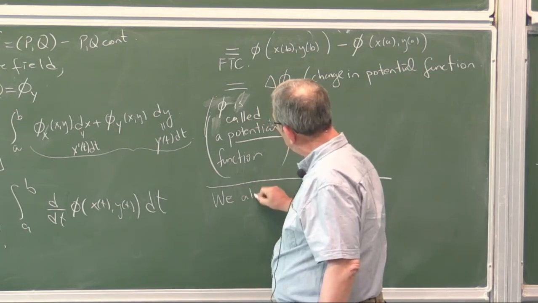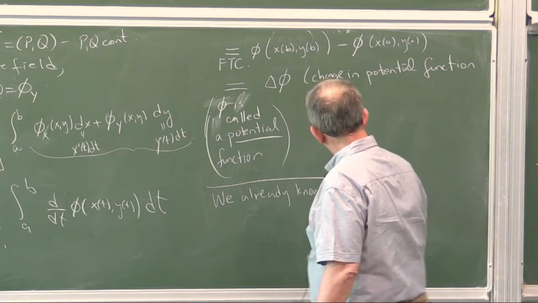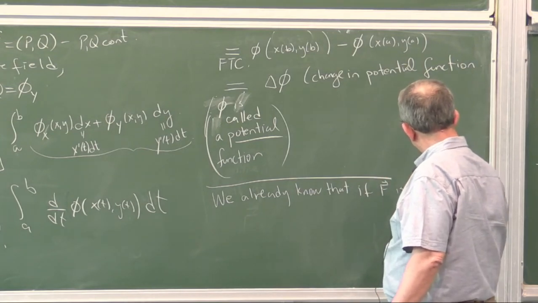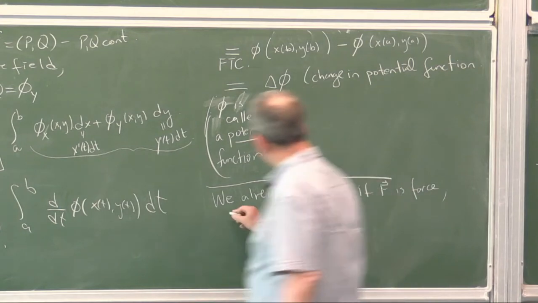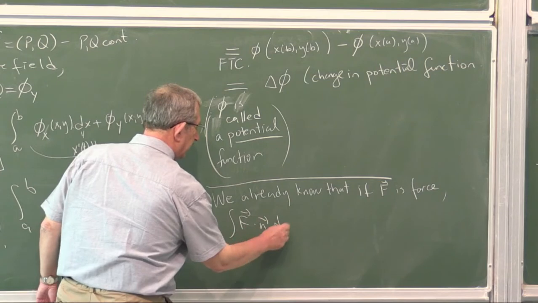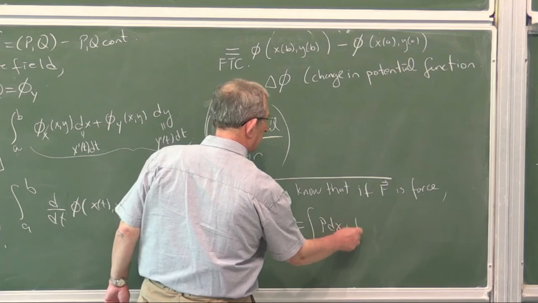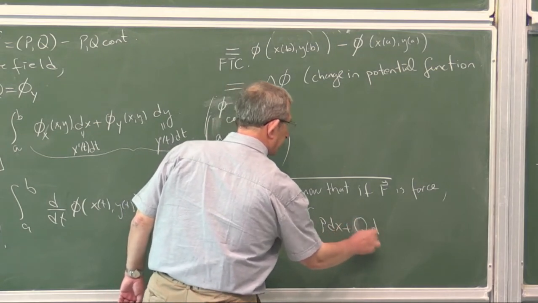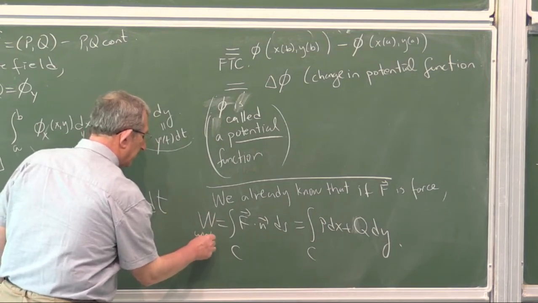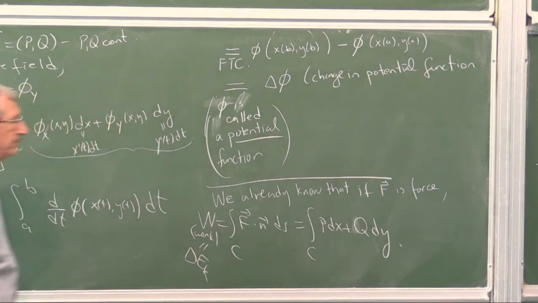We already know that if F is force, then the integral F dot n ds over C, which is in this case P dx plus Q dy, is work. And it's equal to delta kinetic energy.